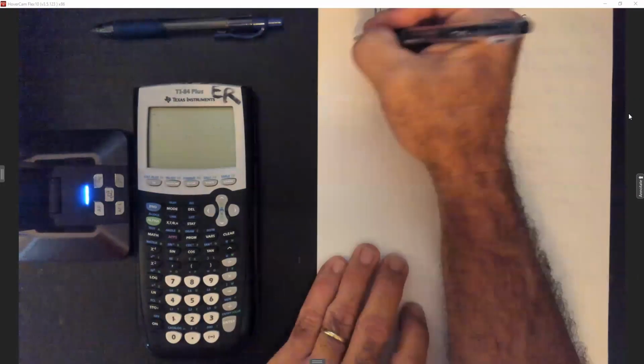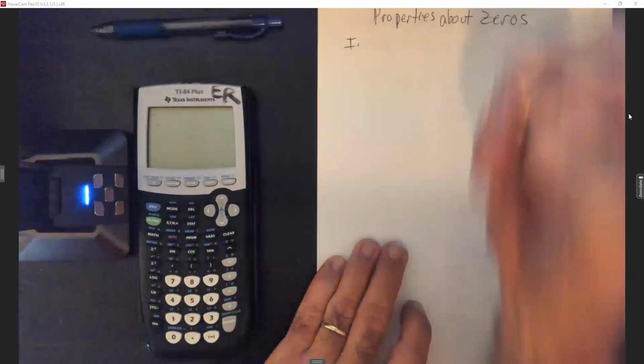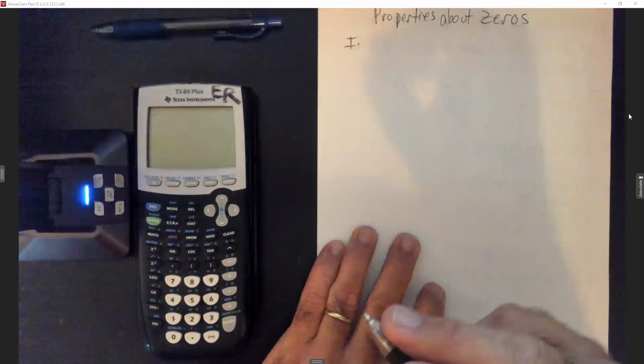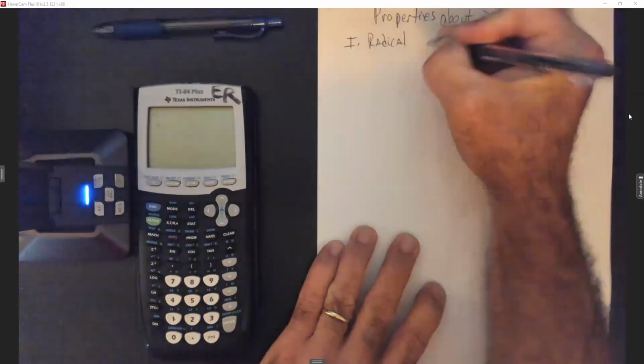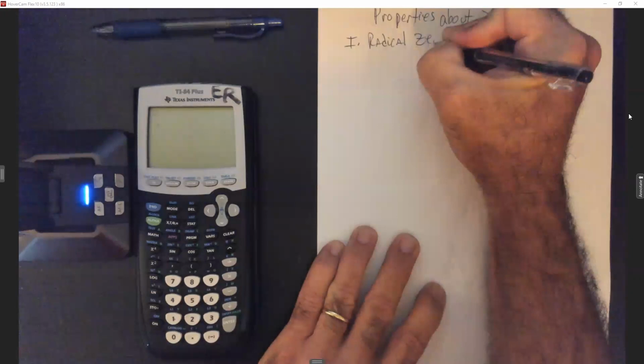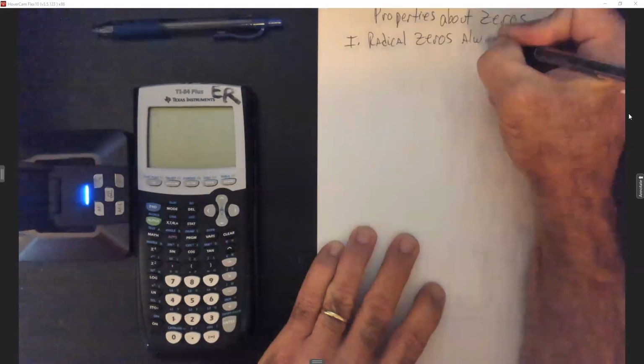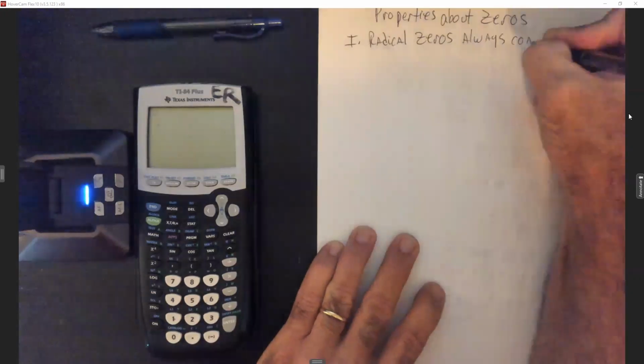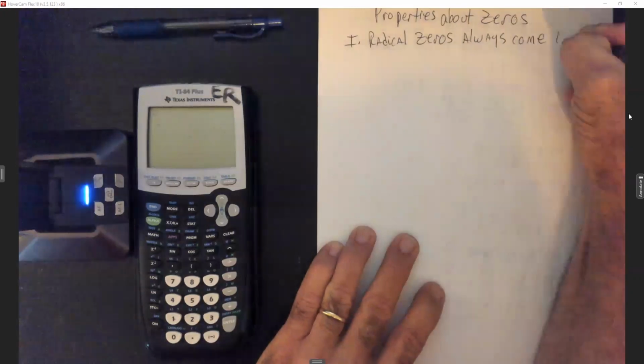Well, the first one says that radical zeros always come in conjugate pairs.